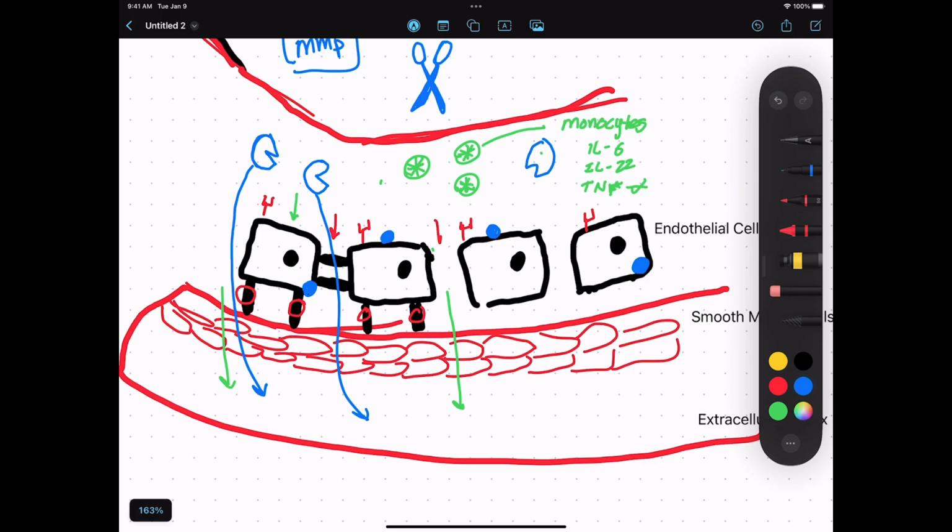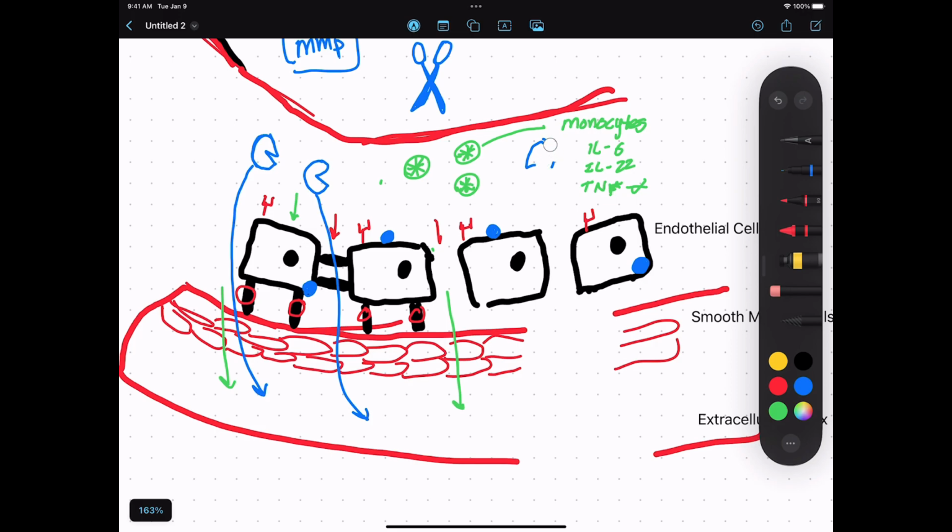If this MMP comes down here and enters this area, it can start hacking up all of this material. You see how it's clearing a path? It clears a path, and then it could get to the basement membrane right over here, and clear a path. Now, what does that do?